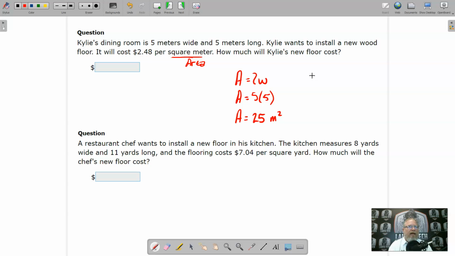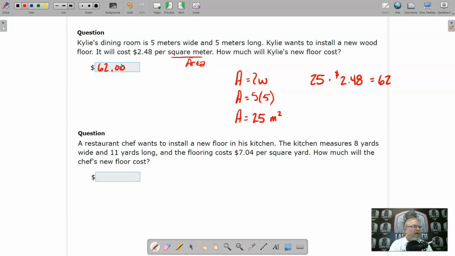So we need to take 25, the area, and multiply that times $2.48. I'm going to go ahead and use a calculator for that one. So 2.48 times 25, and I'm going to get $62. That equals 62, that is dollars, 62.